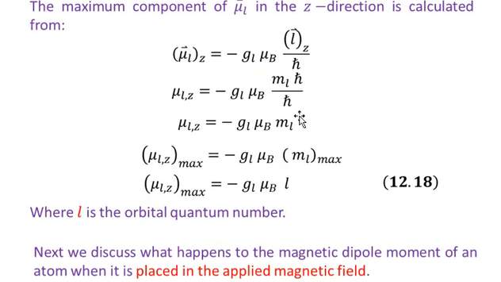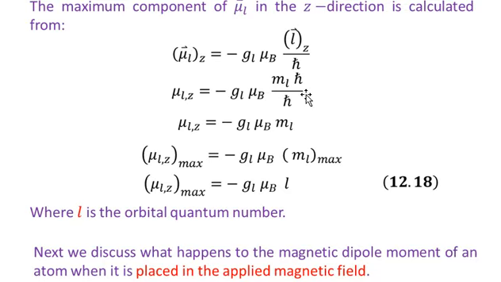So the Z component of the angular momentum is on the right hand side, and the Z component of the orbital magnetic moment is on the left hand side. And you know that Lz, the Z component of the angular momentum, has a value equal to ml into h bar. This is also what we have discussed earlier.